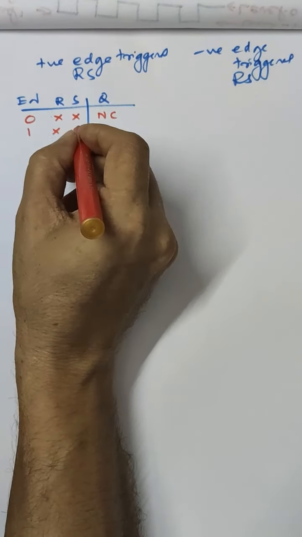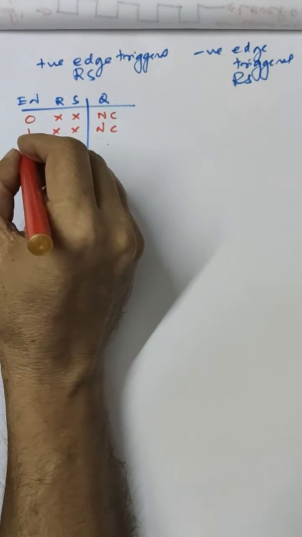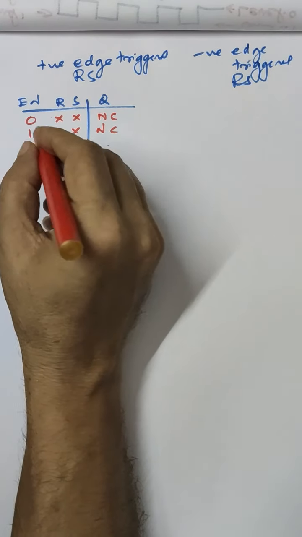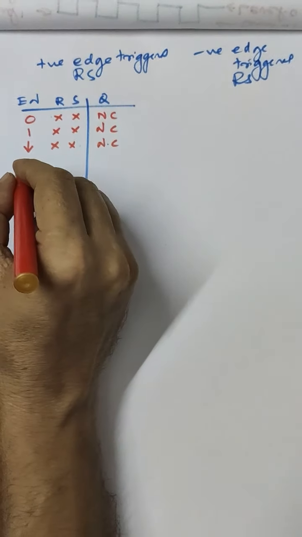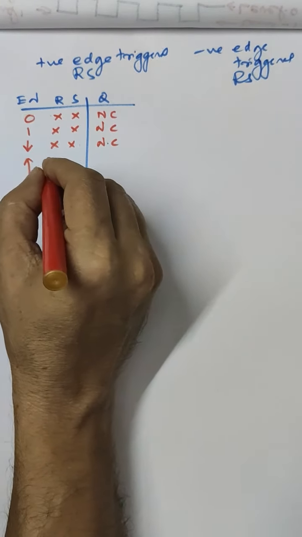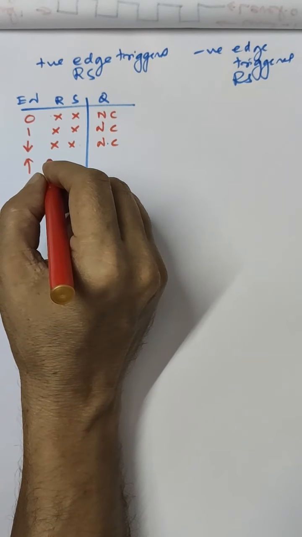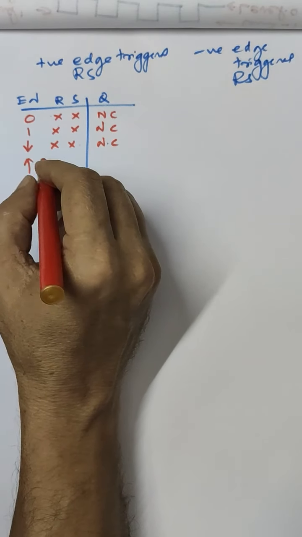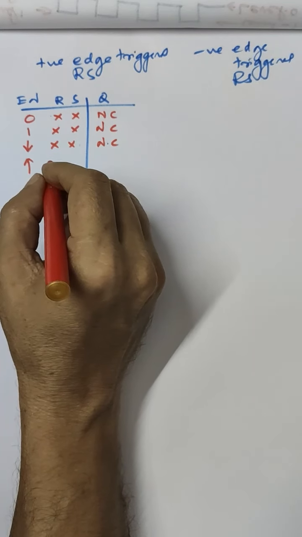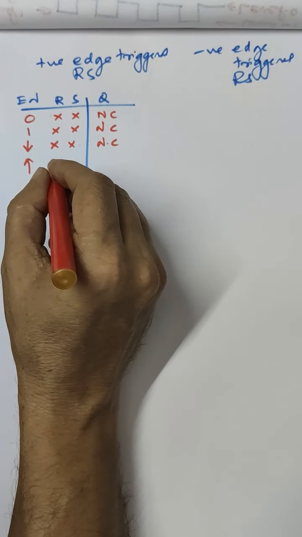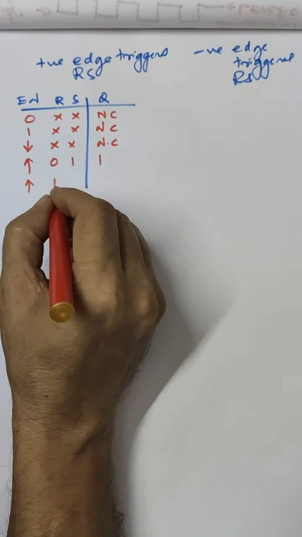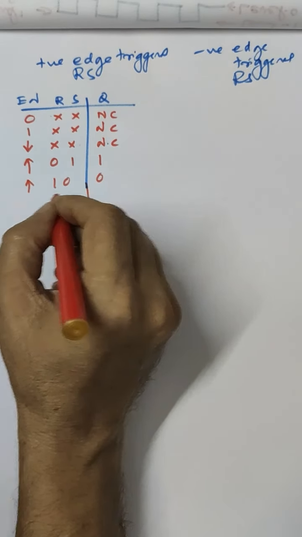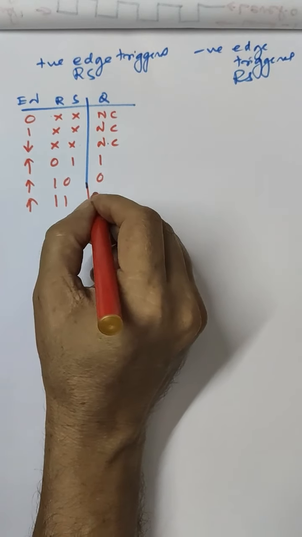And if it is 1, then also no change. And if it is a negative edge, then also no change. Change happens only when the clock makes a positive transition, a positive edge. So in that case, 0 1 is set operation, 1 0 is reset operation, and 1 1 is forbidden.